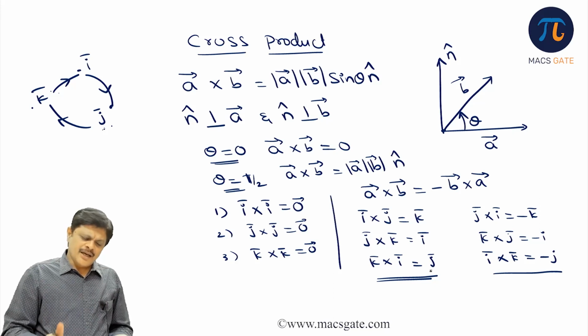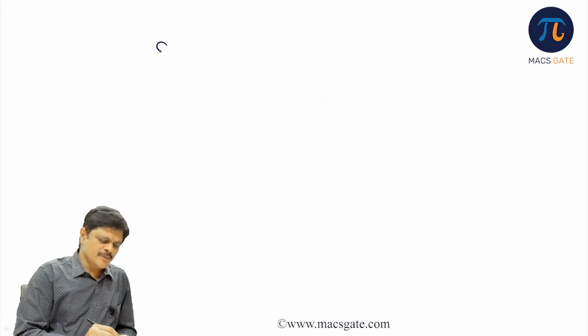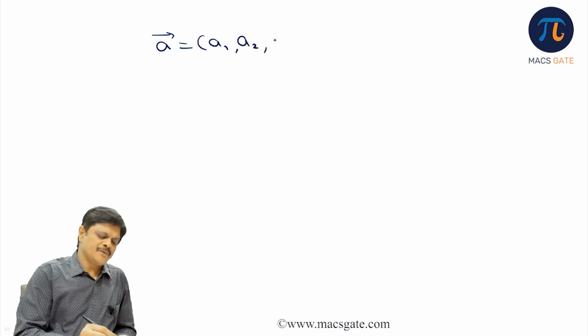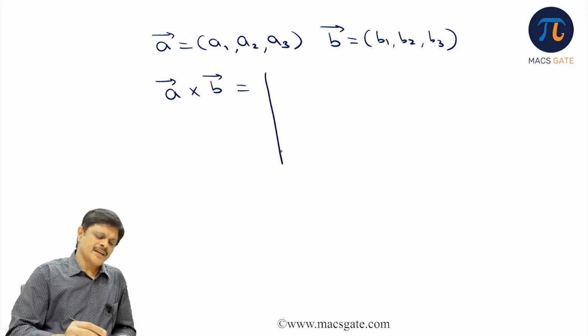Now, how to find the cross product of two vectors which are given in component form? Suppose A bar is given as A1, A2, A3, and B bar is given as B1, B2, B3. We can find the cross product using the 3 by 3 determinant formula.